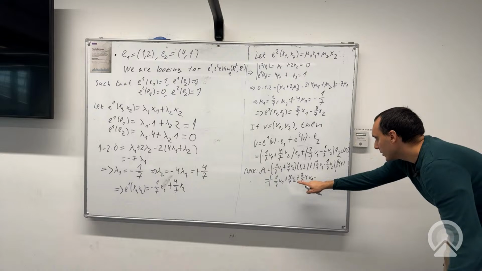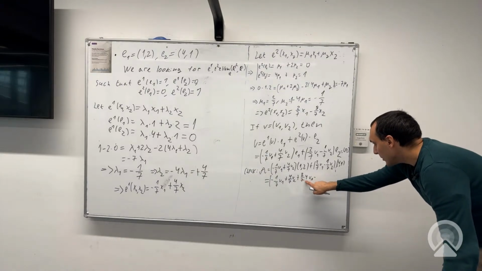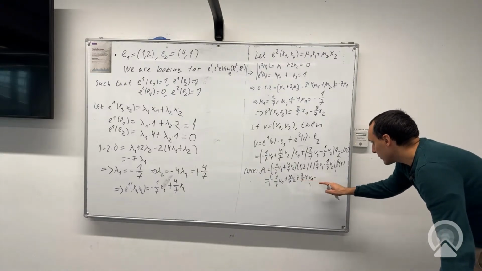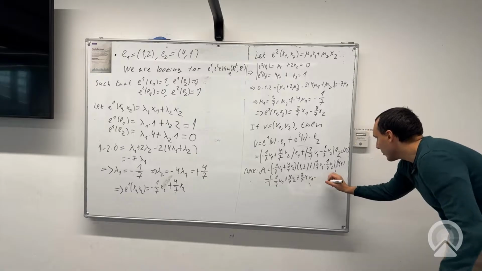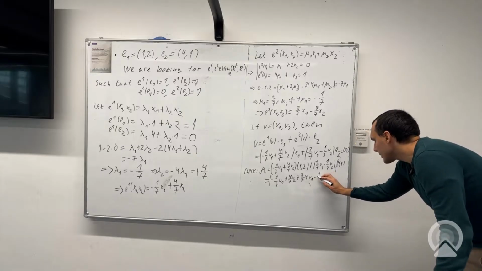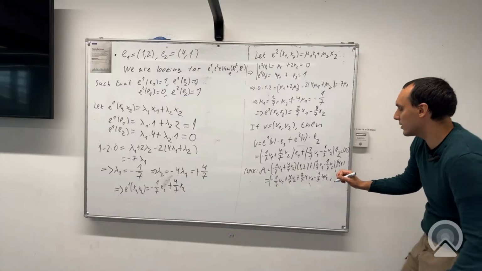Now it's okay. So we have 2 times 4/7 v1 minus 1/7 times 4 v2, and this is the first component.